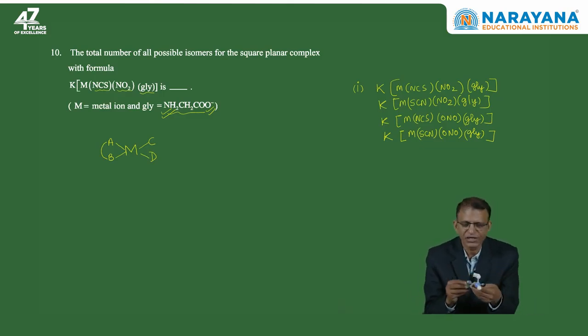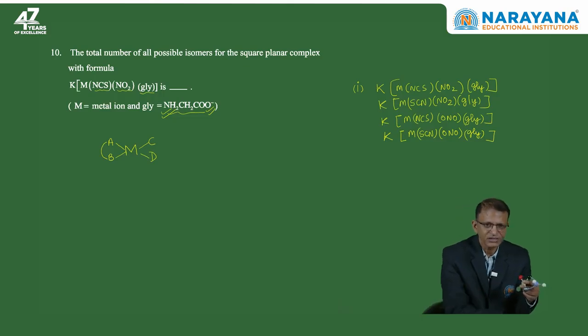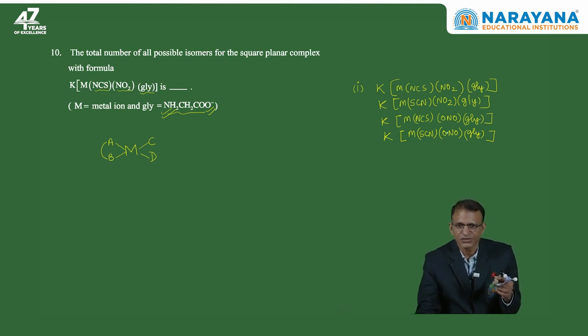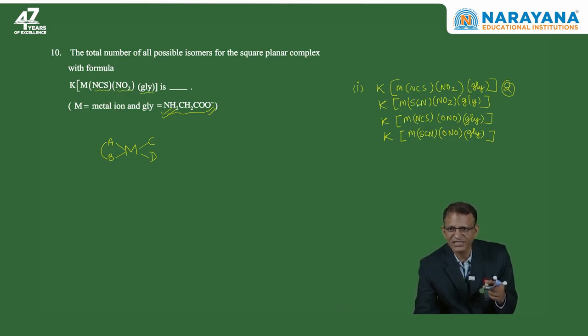And if I am talking about geometrical isomerism, since the bidentate ligands are the same, but the position of the monodentate ligands can be changed, in the first case there are two geometrical isomers for this complex. In this case also the bidentate ligand will remain the same, but we can change the position of the monodentate ligands. So here also two geometrical isomers will be there.